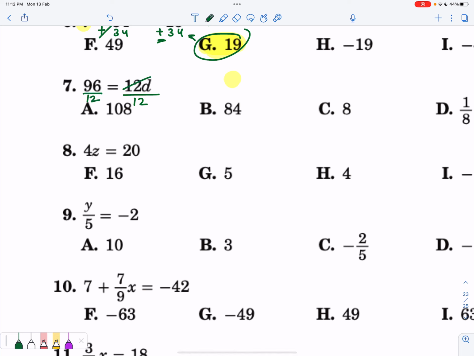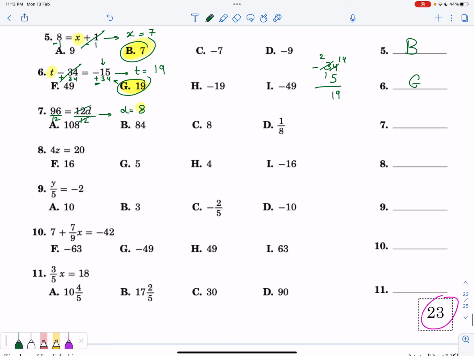So you have D. You need to divide 69 over 12 just using long division. It's going to be, I guess, 8. Yes, so try to do it, you will get 8. So D is equal to 8. So this is the solution for that equation. It is C.